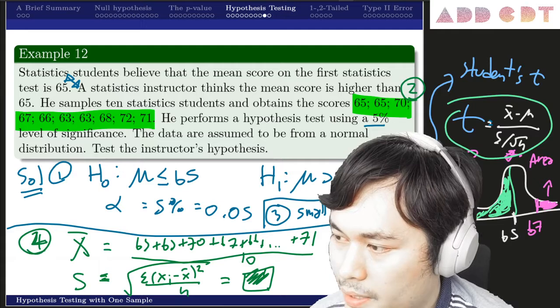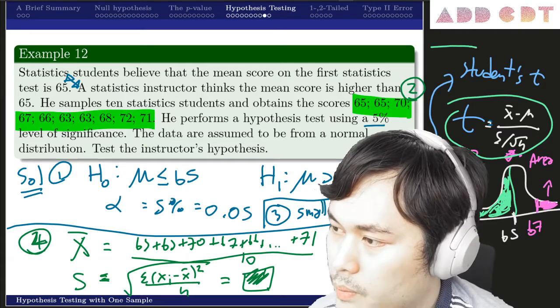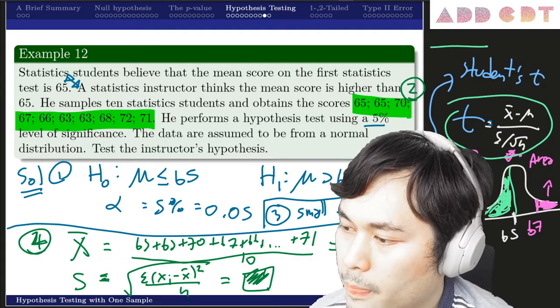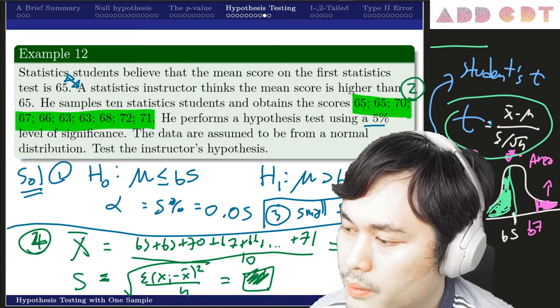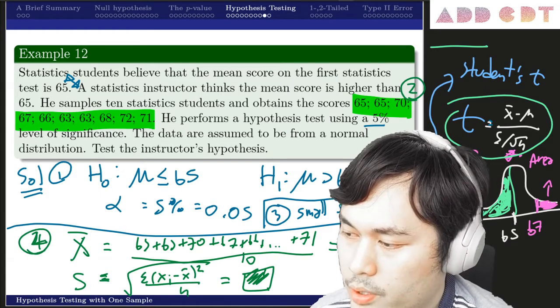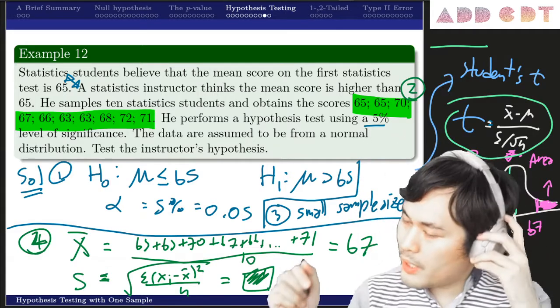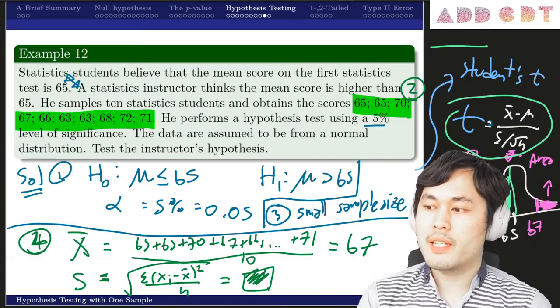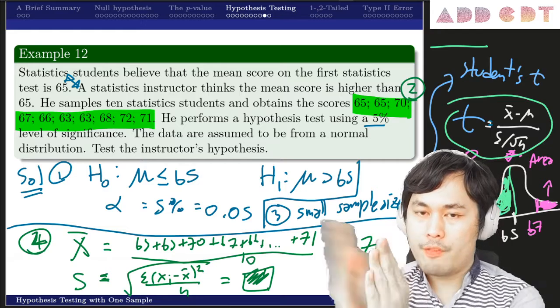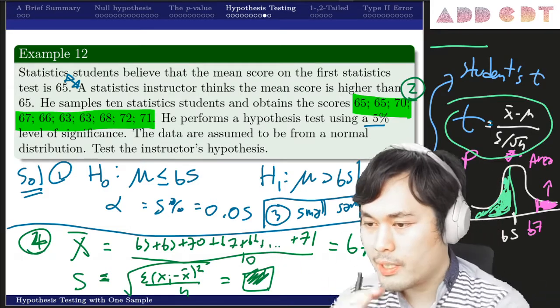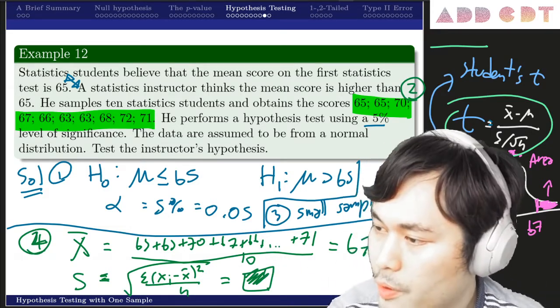You plug that in to get a t value. You get a 0 here, you get a t here, and then you find the area. It's still the same idea, as long as you understand that we are trying to find the area to the left or to the right of that curve, then you are doing fine.